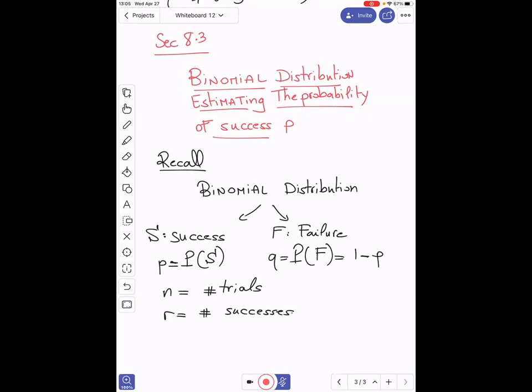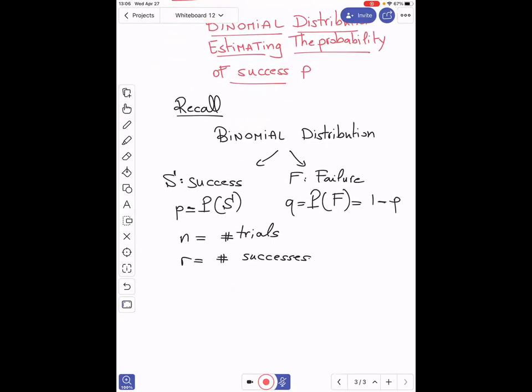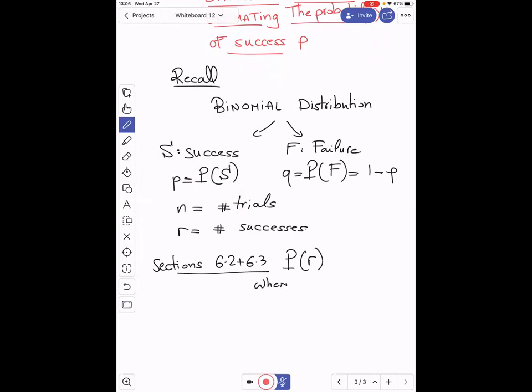Let me remind you that in chapter 6, sections 6.2 and 6.3, we computed the probability of R successes when N is small.